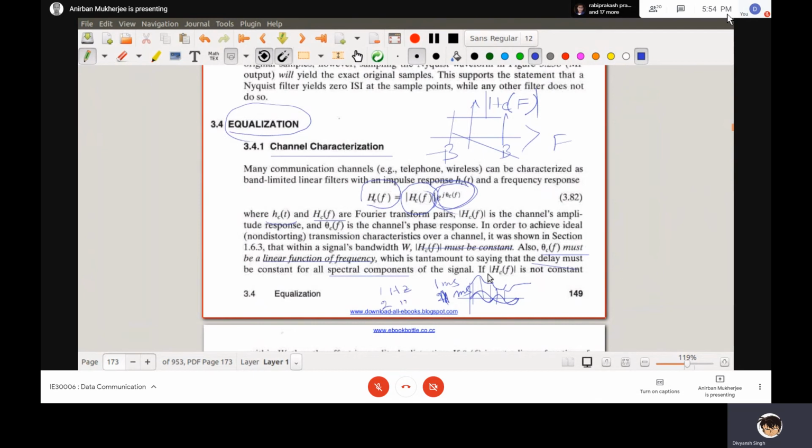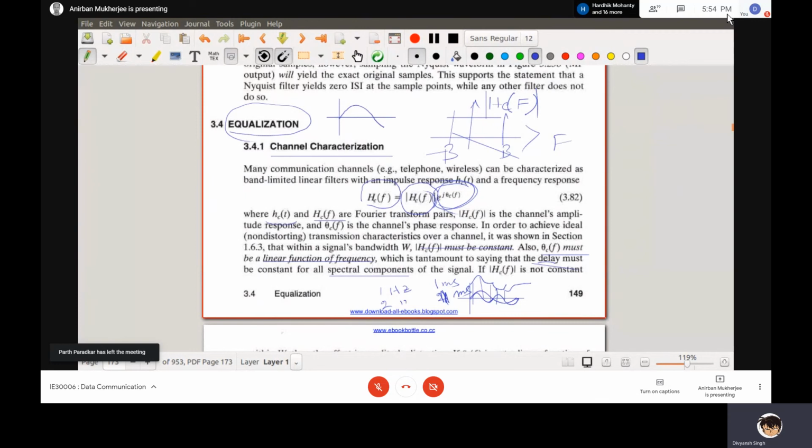That means both should reach the receiver at the same point of time; then only x1(t) plus x2(t), or say sin t plus sin 2t, will be the same. So time delay must be constant for 1 hertz, 2 hertz, 3 hertz.